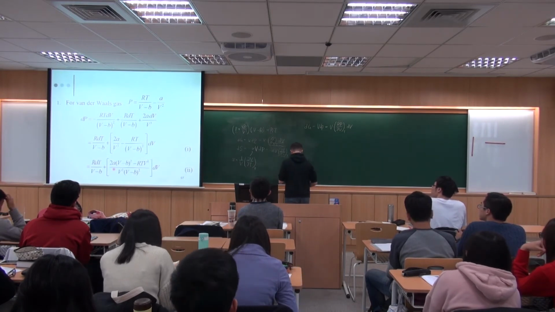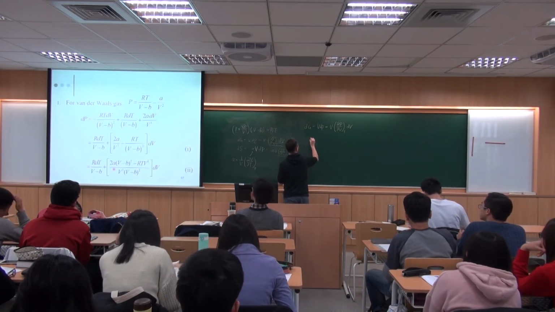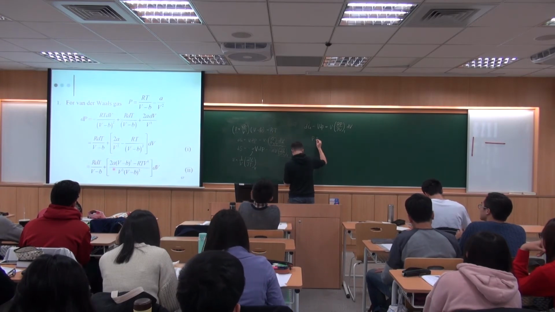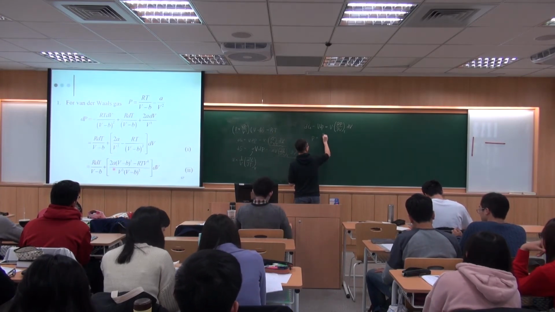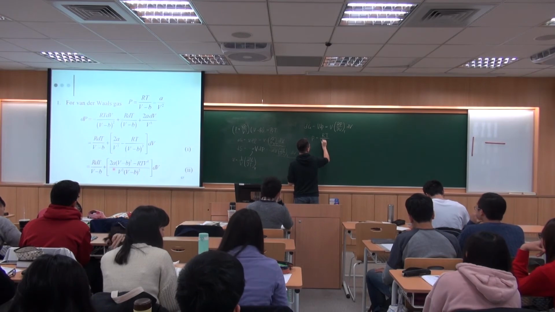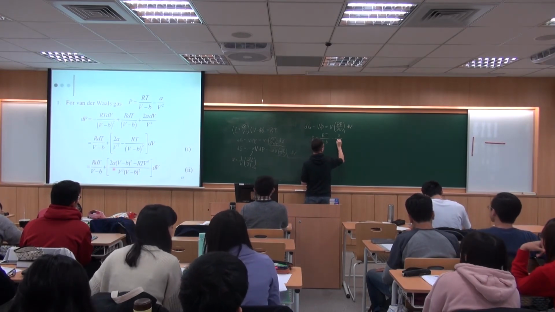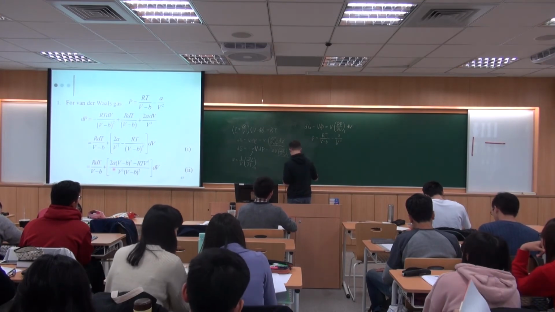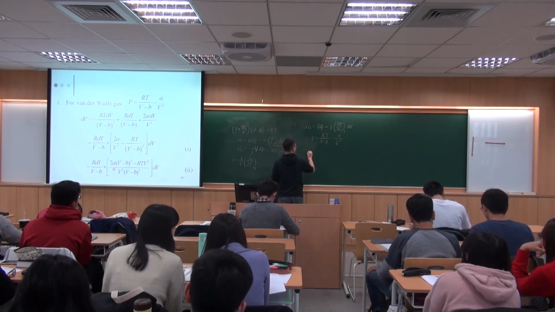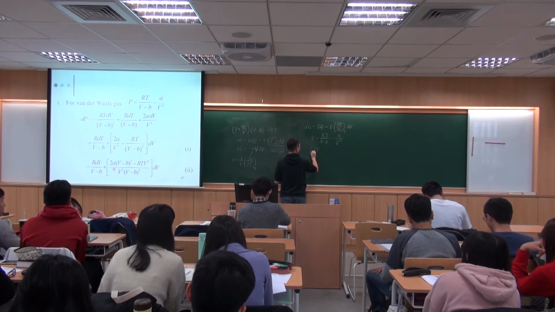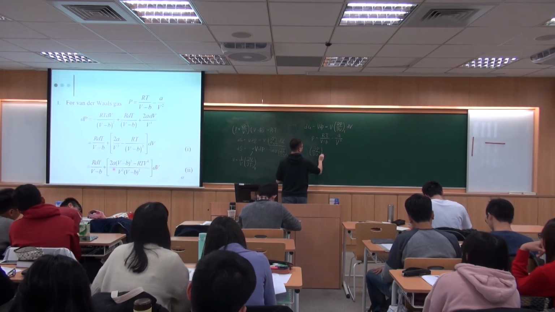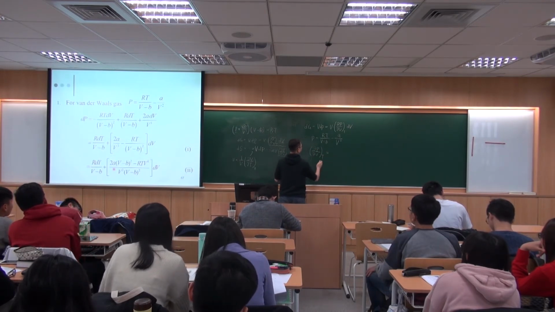But since P is RT over V minus B, minus A over V squared, this is pretty straightforward, right?